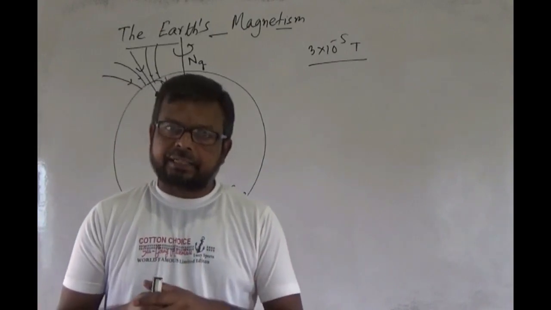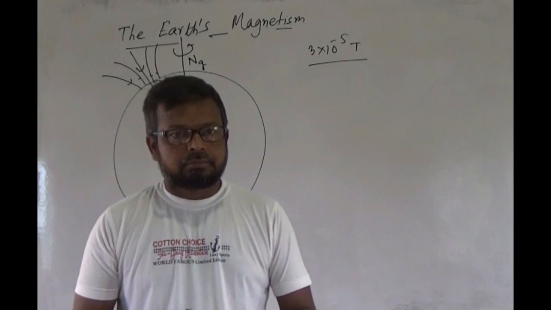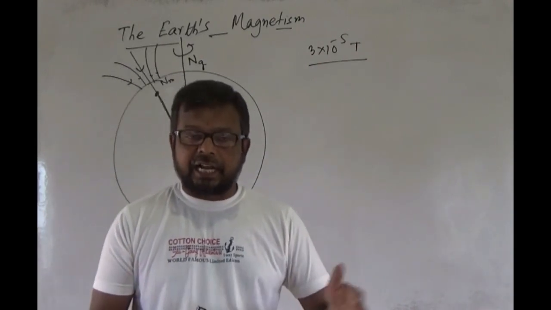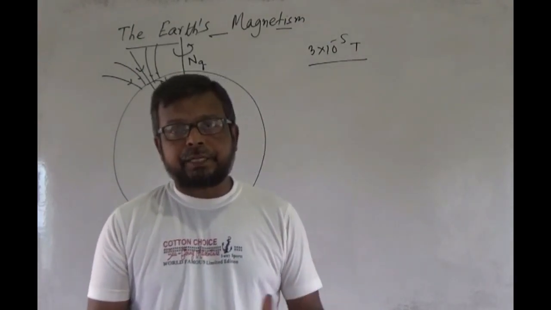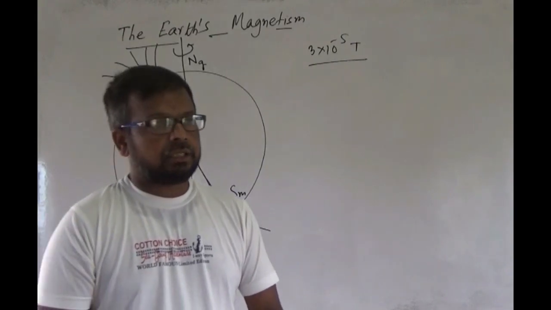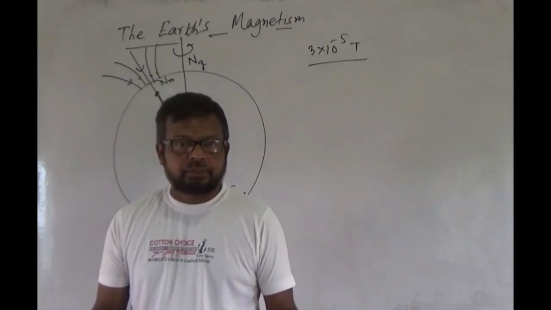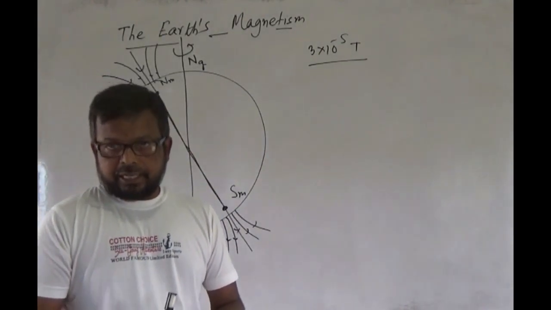we all know that there is a huge temperature, very high temperature inside the Earth, and at that temperature there is no magnetism of a material. Is it clear?